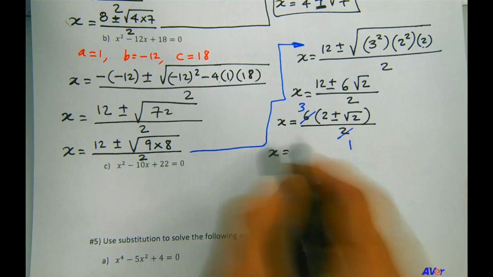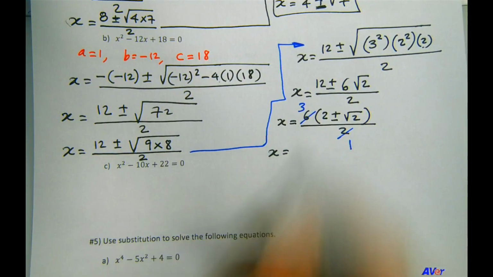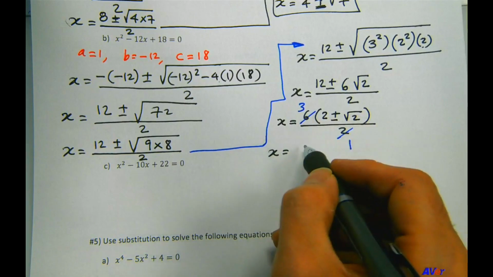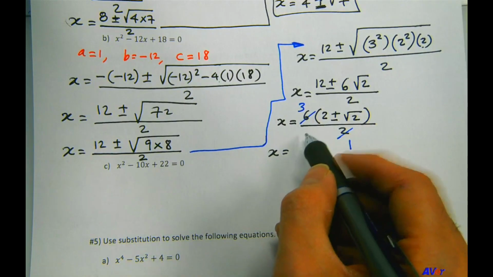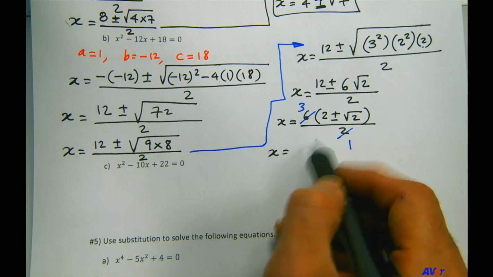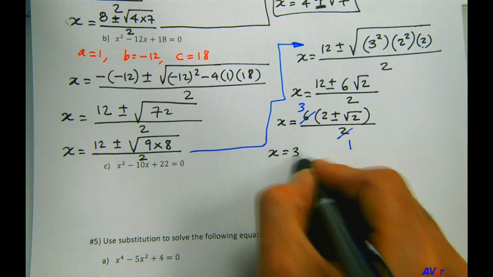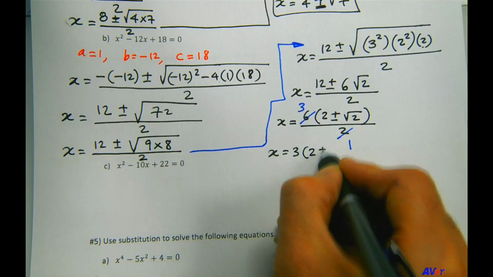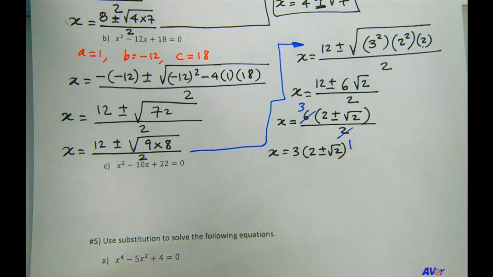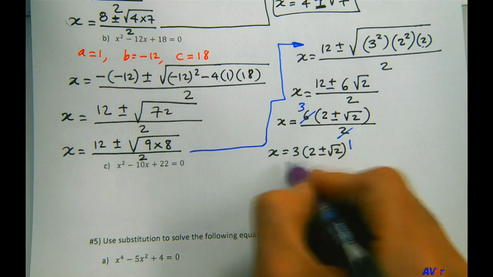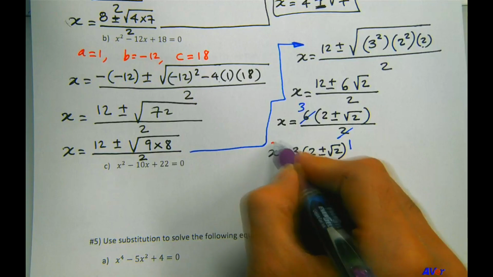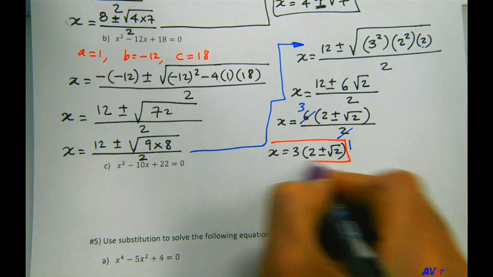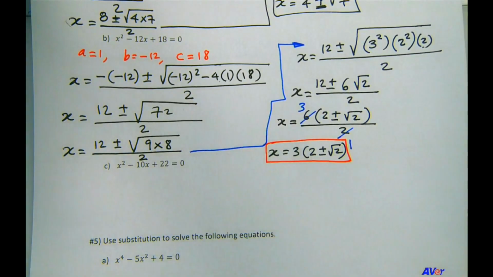I'm almost out of room here. So we have 3 times 2 plus or minus square root of 2. And that's the final solution. Like that.